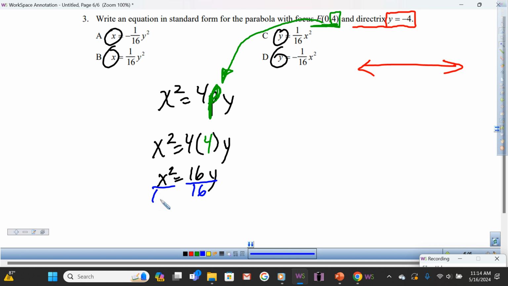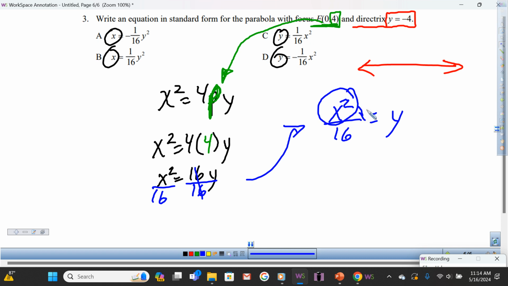Divide by 16, divide by 16, and we're left with x squared over 16 equals y. Or if I move this one to the side, I end up with 1/16 x squared equals y. What goes on top? A 1. So which is our answer? The answer is C. That is correct.